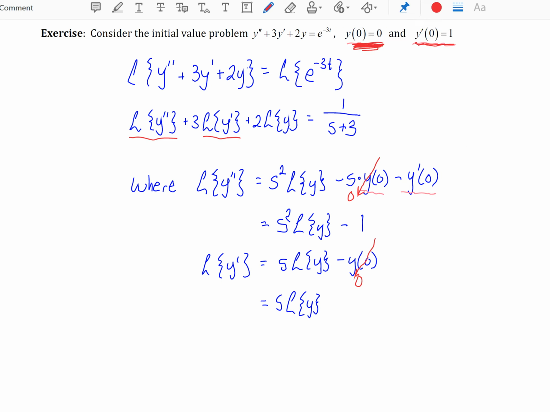Now let's complete our substitutions. We'll replace s squared Laplace of y minus 1 for the Laplace of y double prime, and s Laplace of y for the Laplace of y prime.